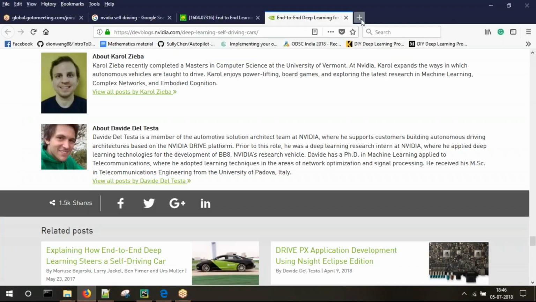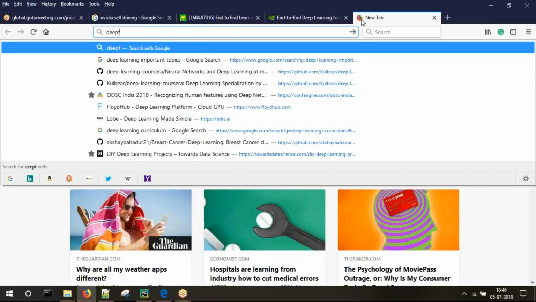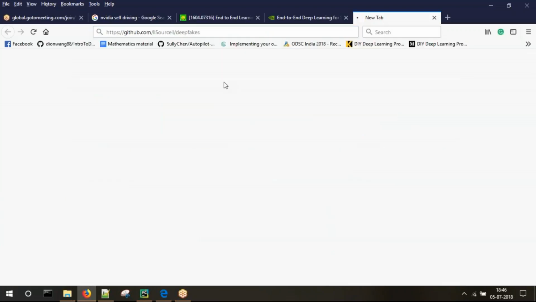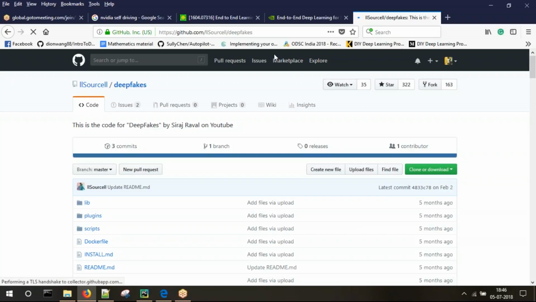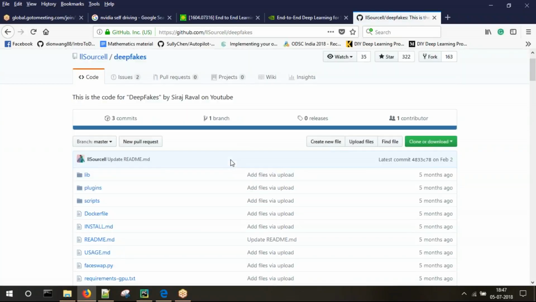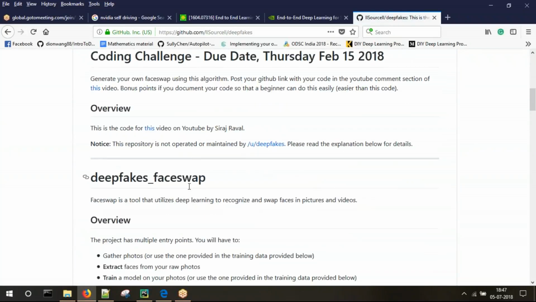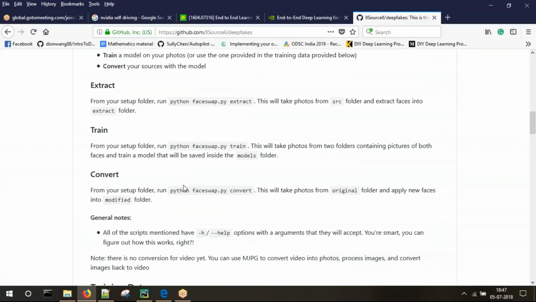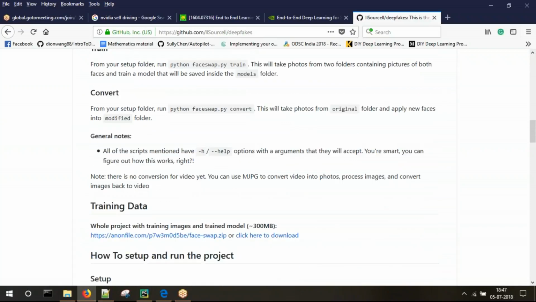So if you want to work on deepfakes, I think Siraj Raval already put a GitHub repository link as well as a video on how exactly deepfakes work, and you can also work on that particular set of problems. Okay, so you can face swap different people and superimpose images.